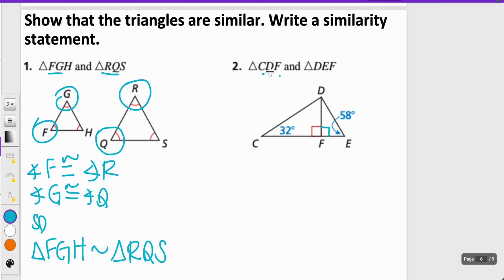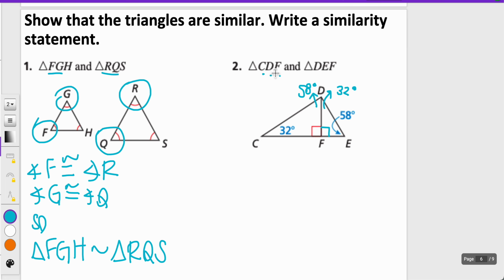This one is going to be 58 in this corner, and the missing degree measurement for letter D up here, so that would be just 58 plus 90 is 148, but then if I subtract that from 180, my remainder is 32, so angle FDE is 32 degrees, which means this top angle here is 58 degrees, okay?